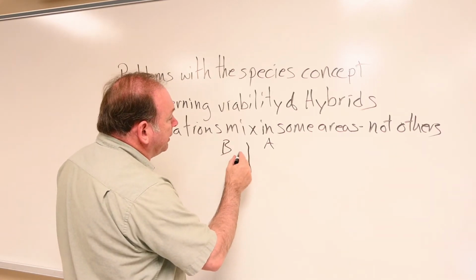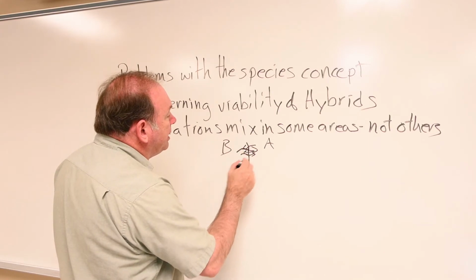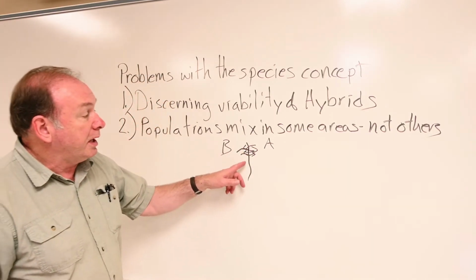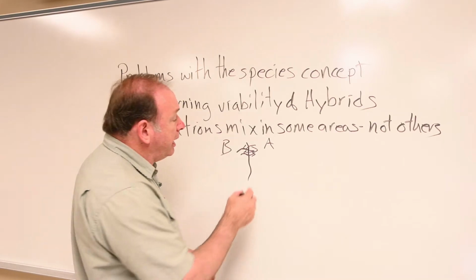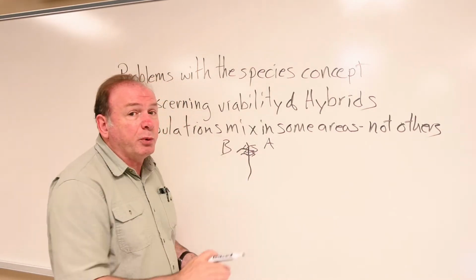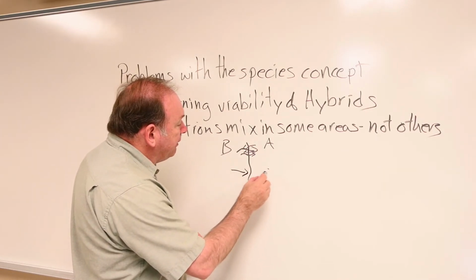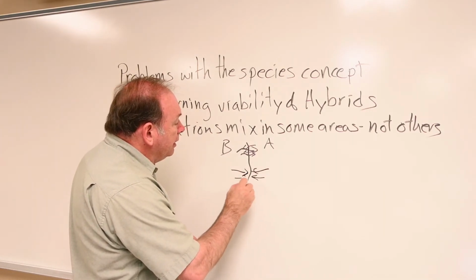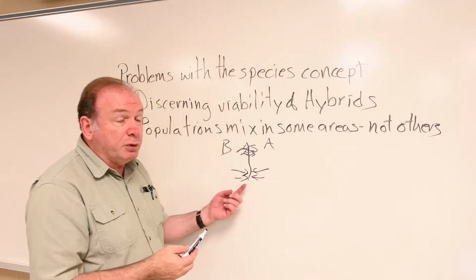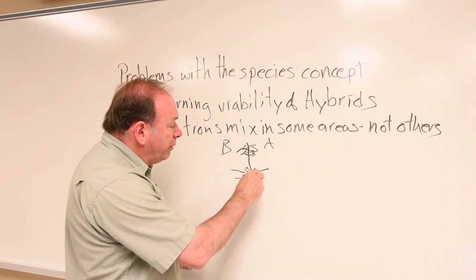And in this part of the distribution over here, species A and B will interbreed with one another occasionally and produce fine viable hybrids, so that almost erases the species separation between populations A and B. But down here in this area, the two species come together and encounter one another, but they never interbreed with one another.